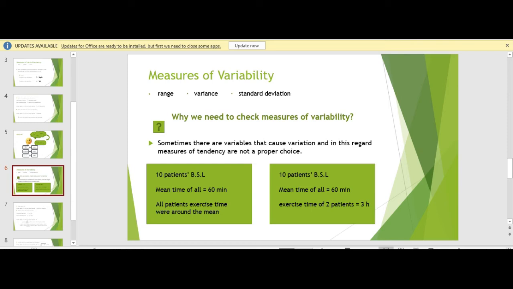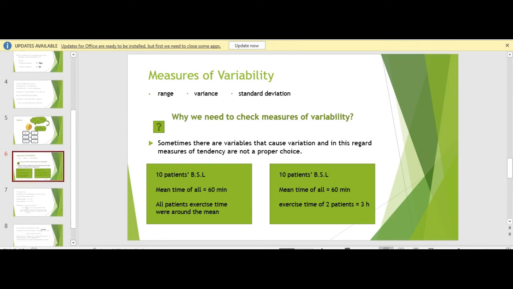So basically, the average time of exercise of the other 8 patients is just 30 minutes. So measures of dispersion provide us with a better and more complete picture of our data set here. And average or mean is not a good measurement in this example.